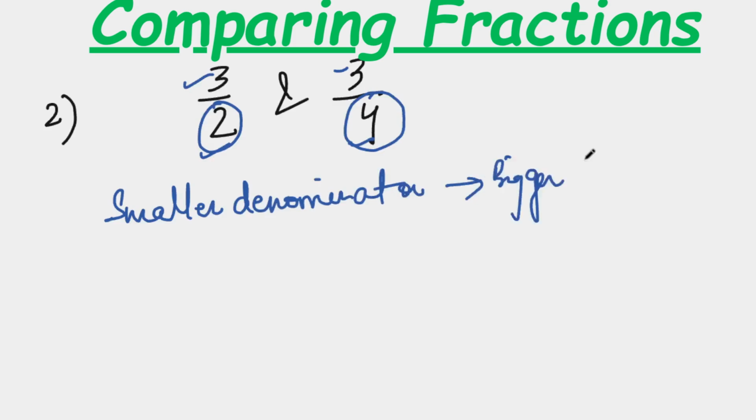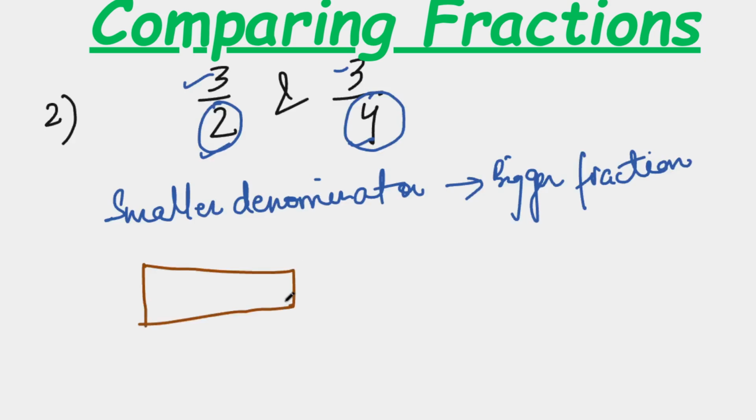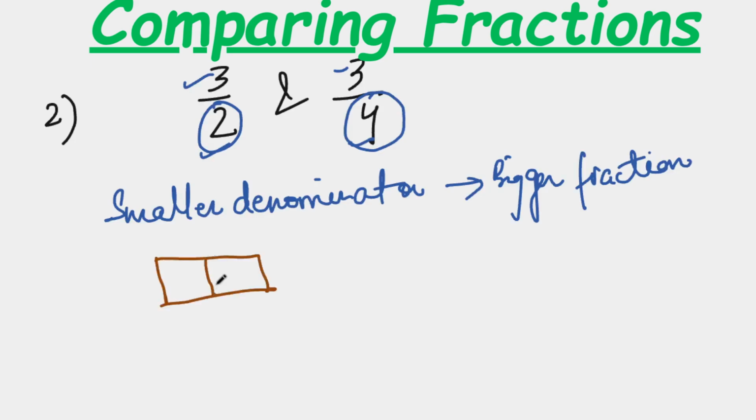Let's understand how. Let's suppose you have one chocolate bar and you divide it into two equal parts. Now you have another chocolate bar of the same size, and you divide it into four parts.